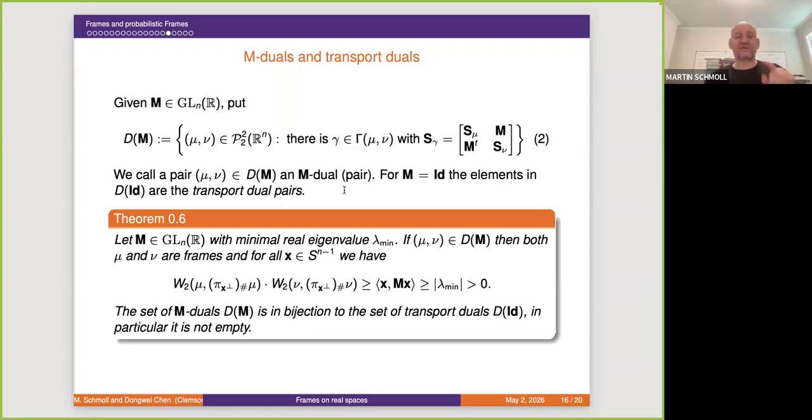This is quite an interesting concept because of the theorem down here that looks at the two measures, mu and nu, that are dual to each other. A priori, you don't need to know they are frames. But if they are M dual, both are frames because of these inequalities. So M duals basically come in packages.